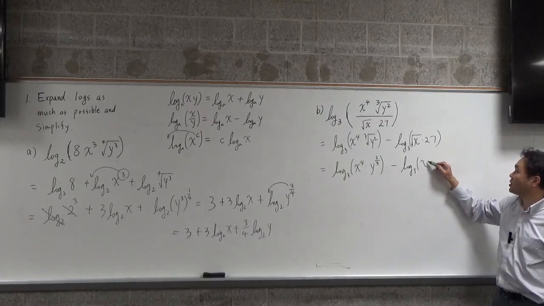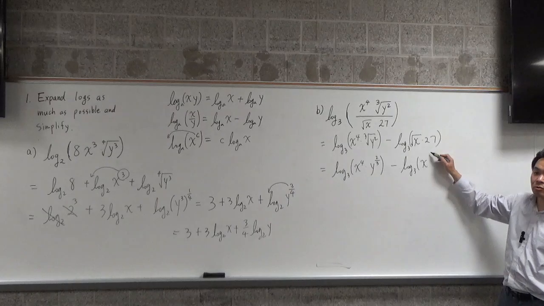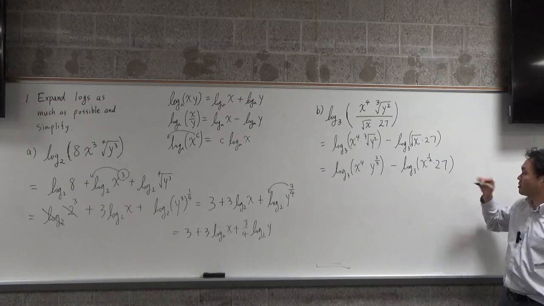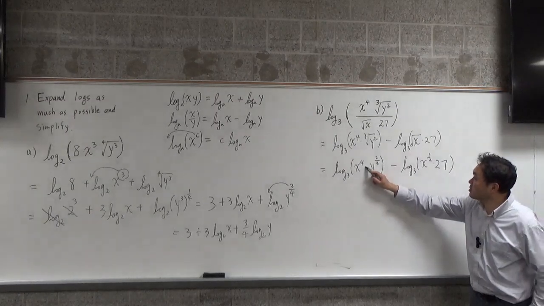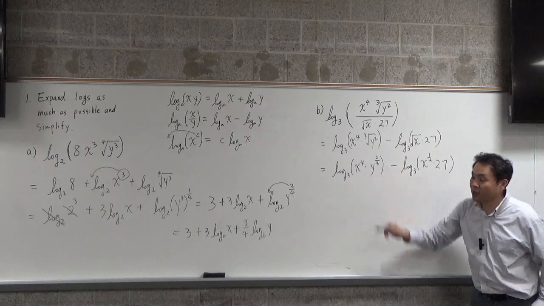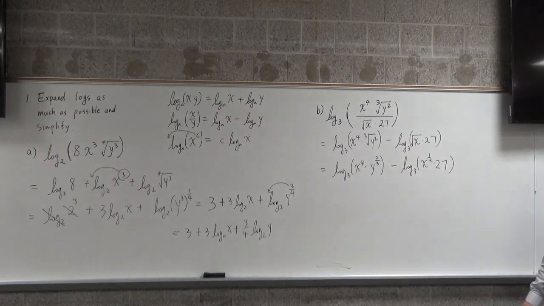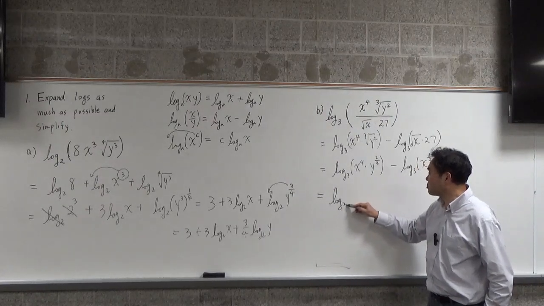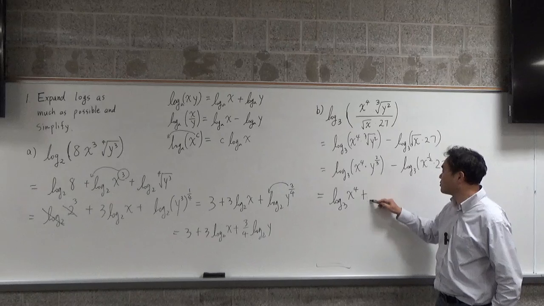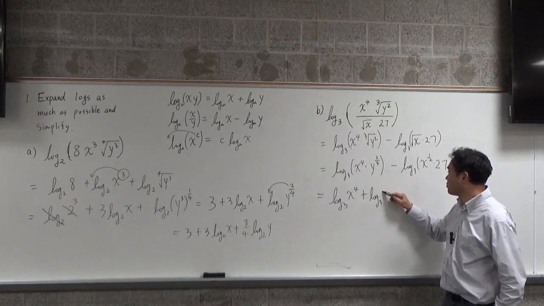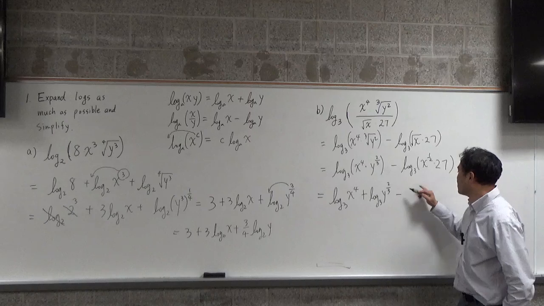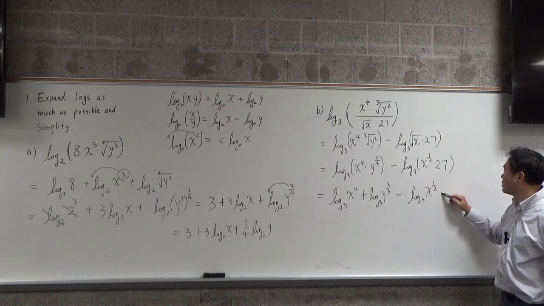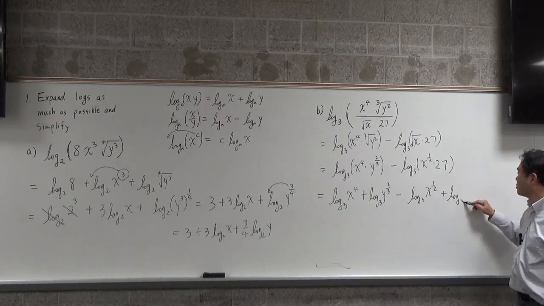Square root is x to what power? 1/2 power, right? Okay. And then I can still expand because these are multiplications. So multiplications, how do they expand? They split the log into addition. So this will be log base 3 of x to the 4th plus log 3 of y to the 2/3 minus log 3 of x to the 1/2 plus log 3 of 27.